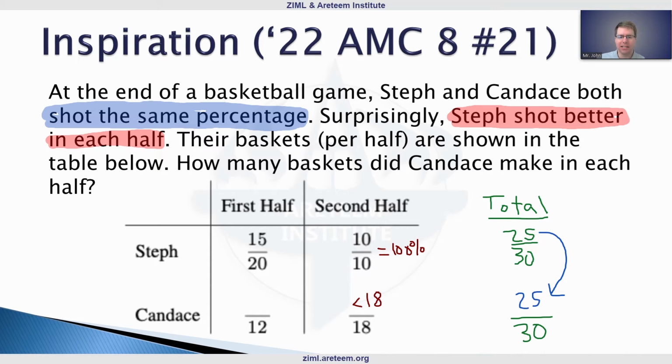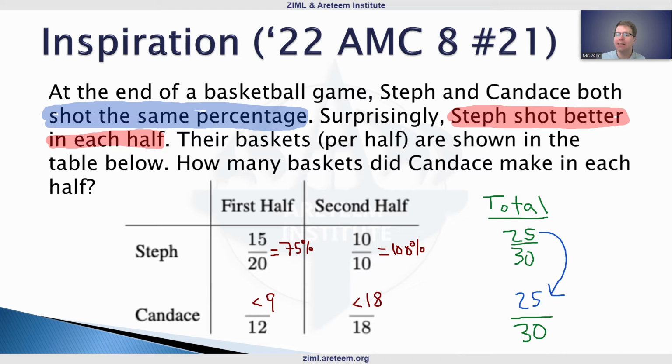Now, likewise, these percentages and numbers aren't too bad. 15 out of 20, multiplying everything by 5, is 75 out of 100. So this is 75%, or 3/4 if you like, meaning that Candace needs to make less than 3/4, or less than 9 of her baskets in the first half as well.